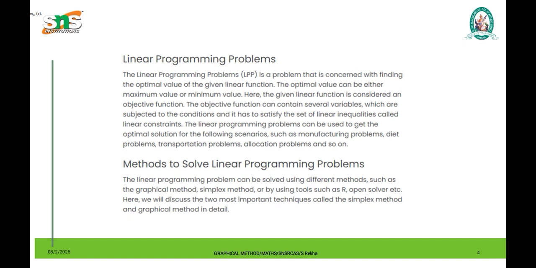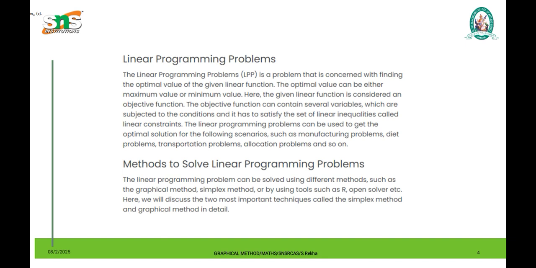Linear programming is otherwise known as LPP, and it is concerned with finding linear functions for the variables. It is also applied in fields such as the transportation problem, allocation, assignment problem, diet problems, etc. The methods to solve the linear programming problem are the graphical method and the simplex method.